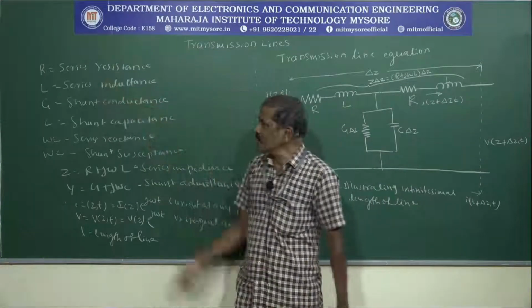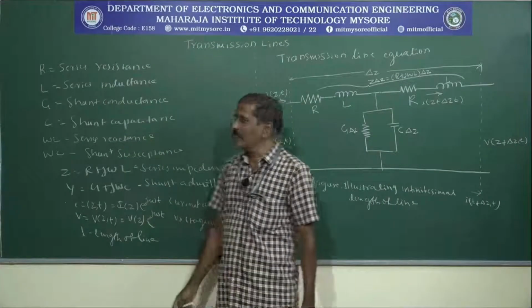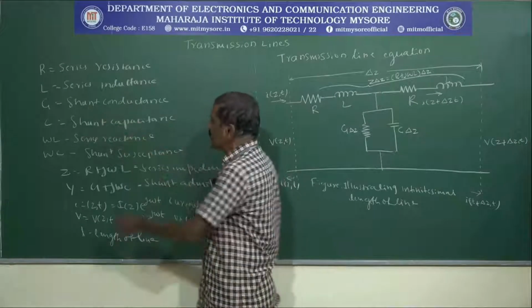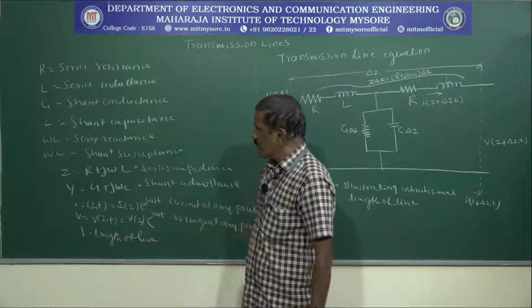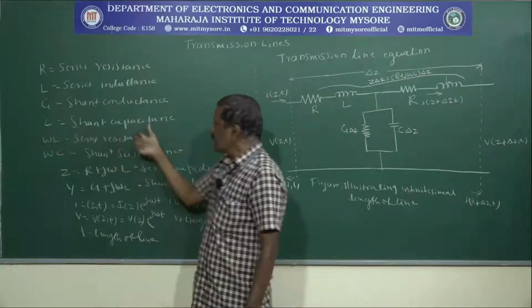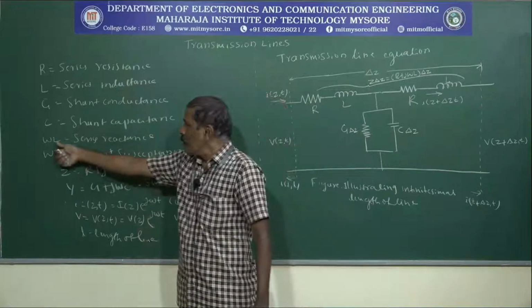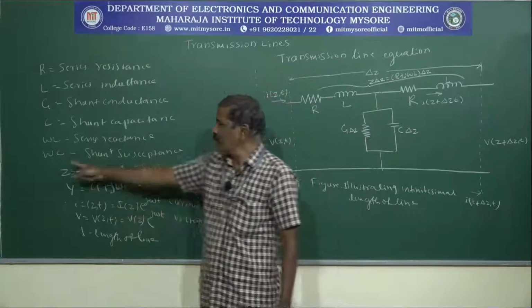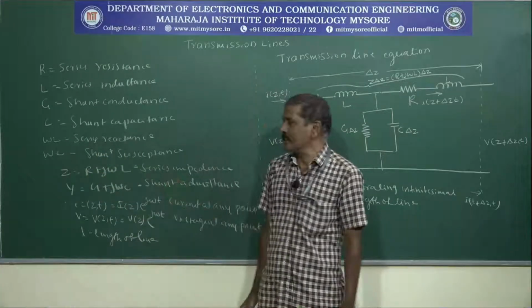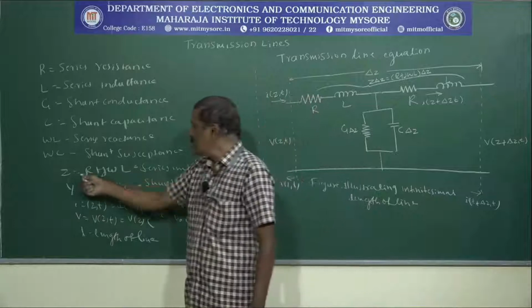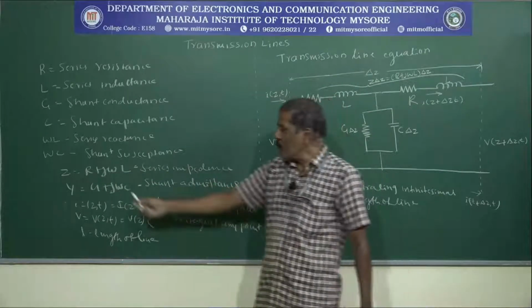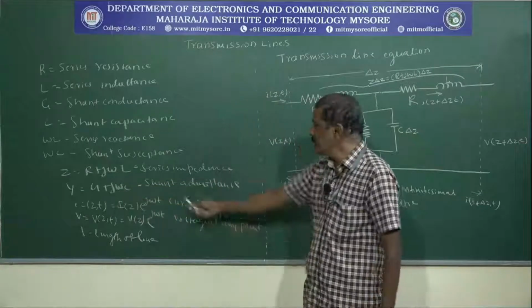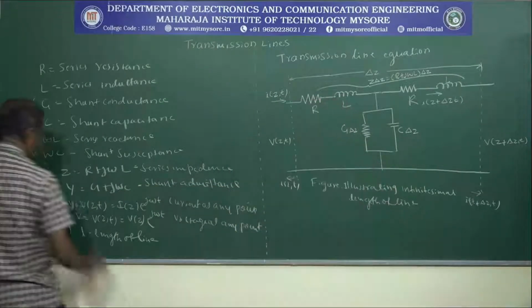R is the series resistance, L is the series inductance, G is the shunt conductance, C is the shunt capacitance, omega L is the series reactance, omega C is the shunt susceptance, and Z is equal to R plus j omega L, called the series impedance. Y is equal to G plus j omega C, called the shunt admittance.